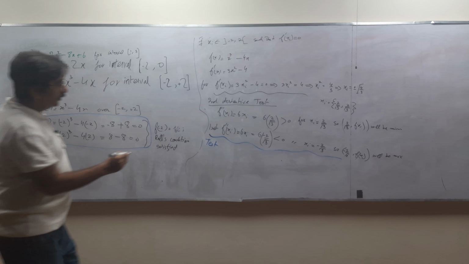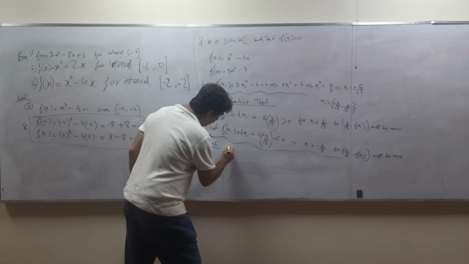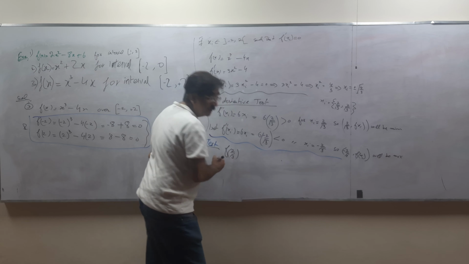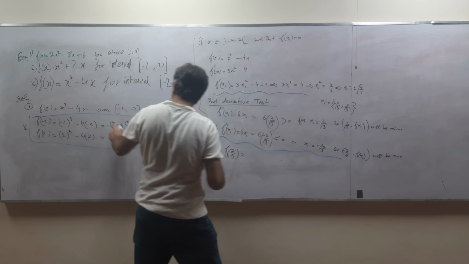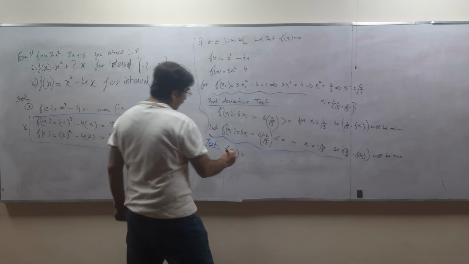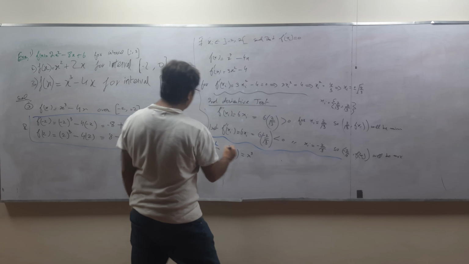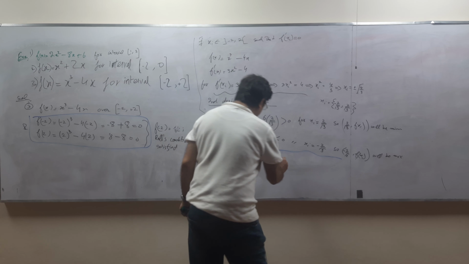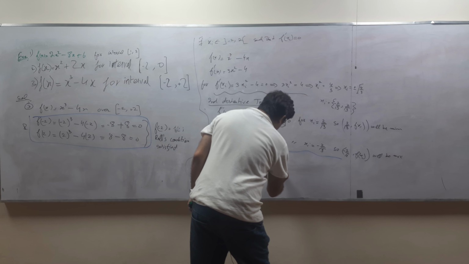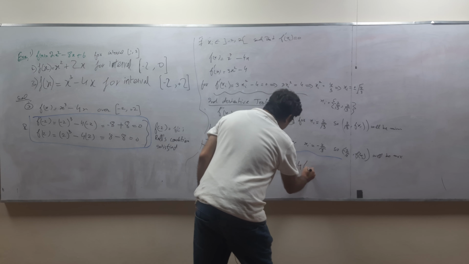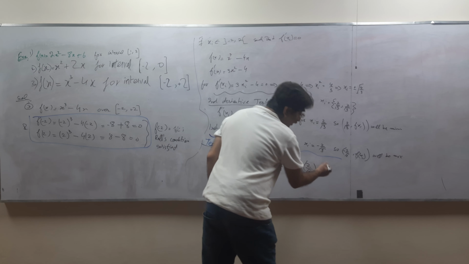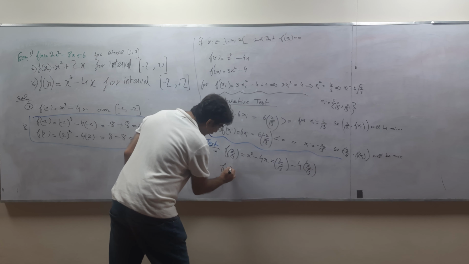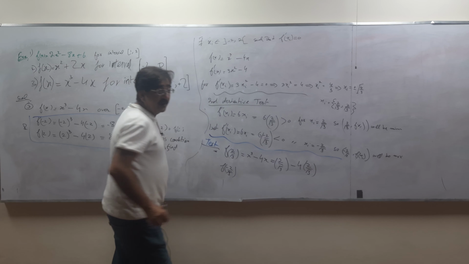You are interested to find the f at 2 by 3 square root. What is the f value? That is x cube minus 4x. Yes. That will be 2 by 3 square root cubed minus 4 times 2 by 3 square root. You will resolve it and you will get the value. And f at minus 2 by 3 square root, you have to find the value.